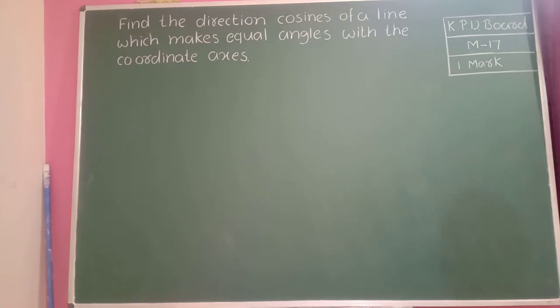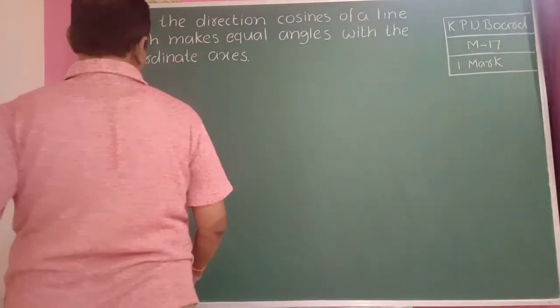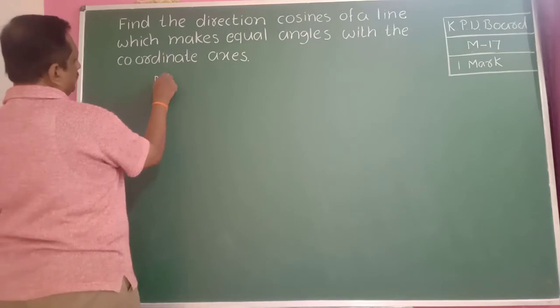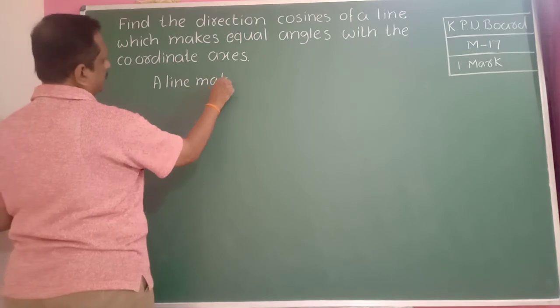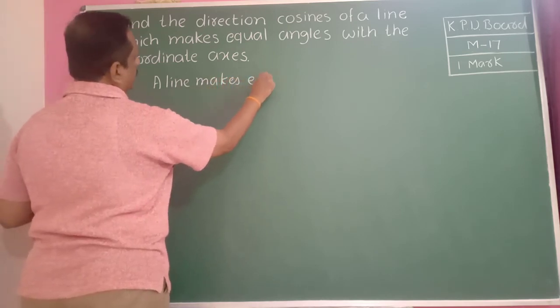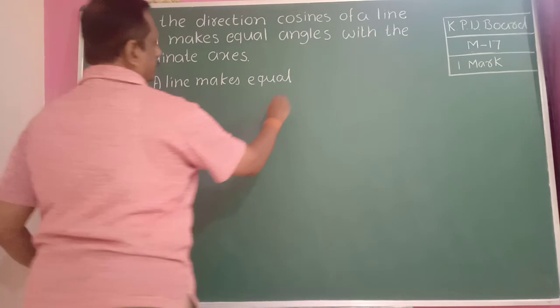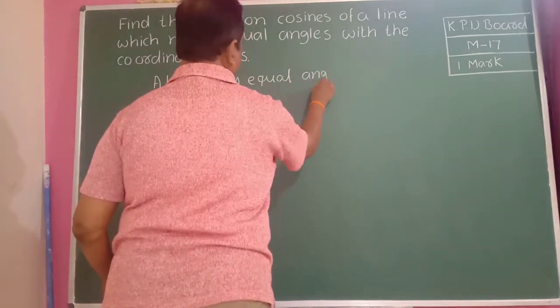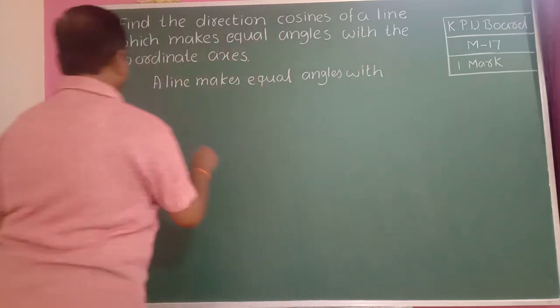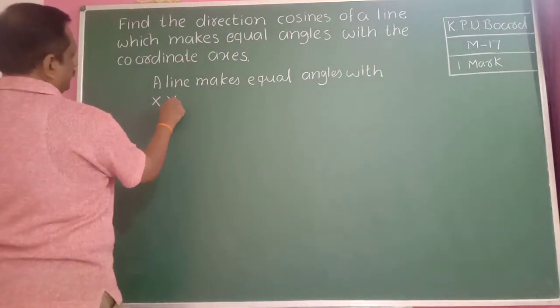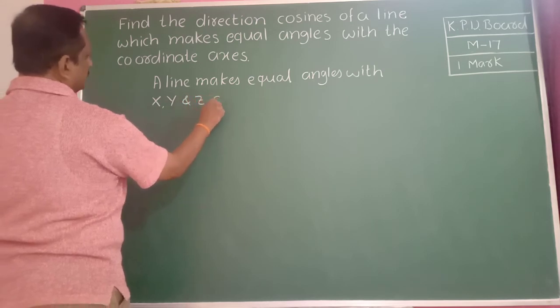So find the direction cosines of a line which makes equal angles with the coordinate axis. This is also one more question, a very simple example. So a line makes equal angles with x, y and z axis.